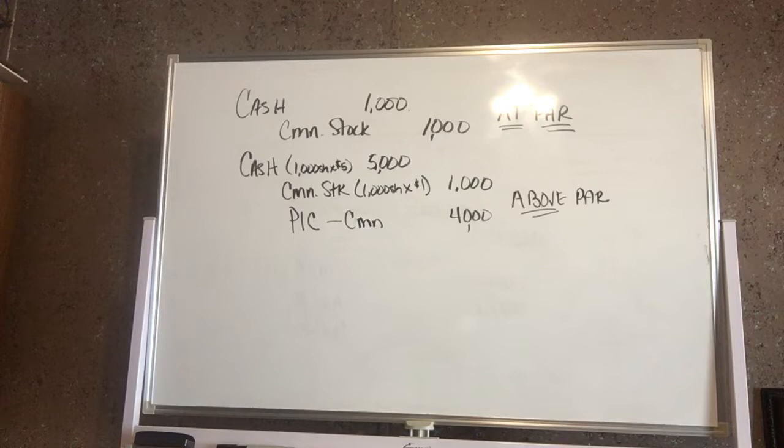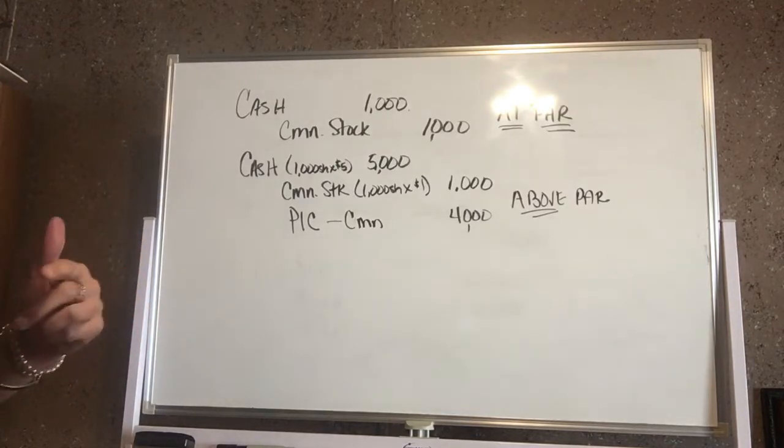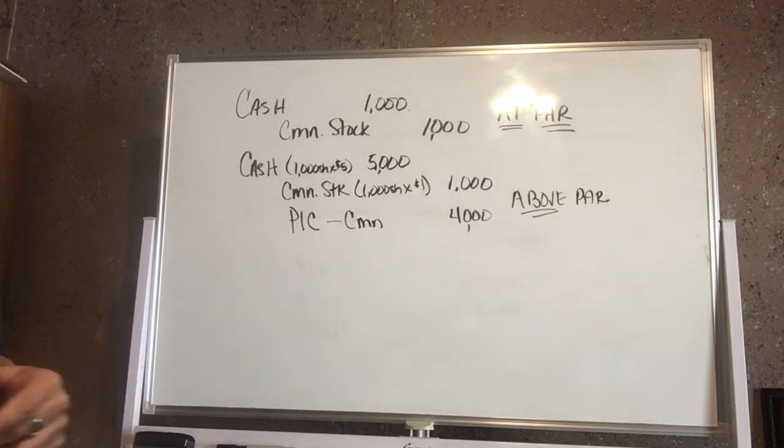Now, we can also issue common stock shares for services or non-cash assets. Know for the test that the cost becomes the fair market value of the item given up, your shares of stock, or the fair market value of the item received, whichever is more easily established.